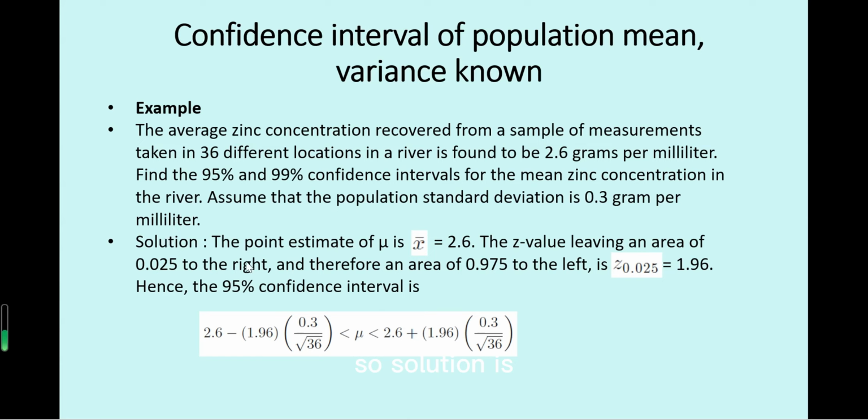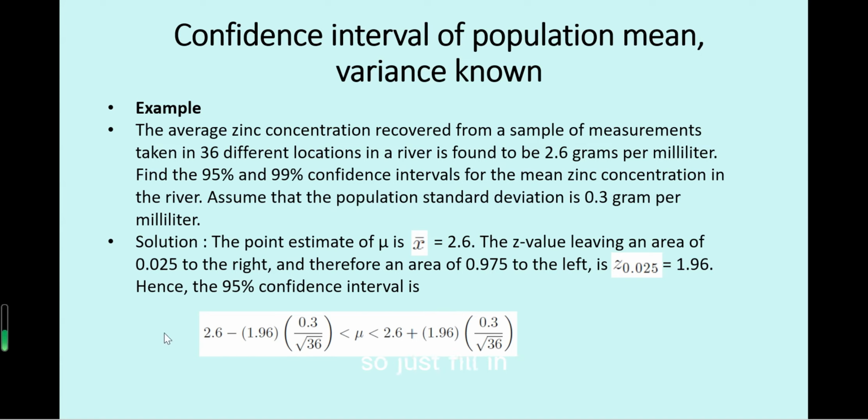So the solution is: in this example, the point estimate of mu is x bar, which can be found from the problem as 2.6. The z value leaving an area of 0.025 to the right, for the 95% confidence interval, and an area of 0.975 to the left, is 1.96, which we have shown on the previous page.